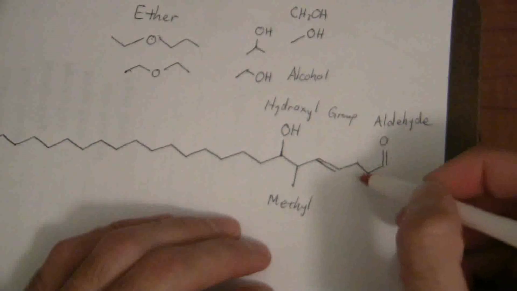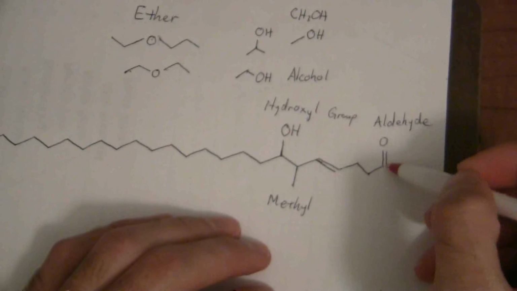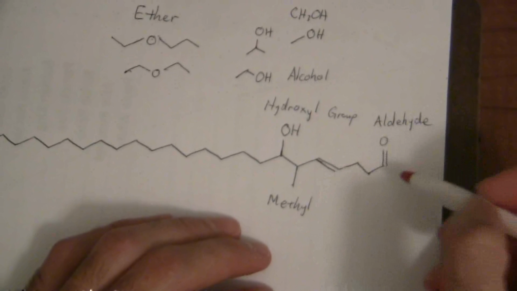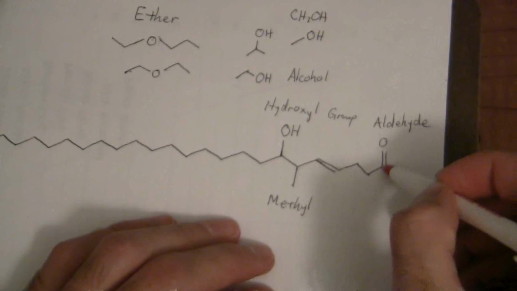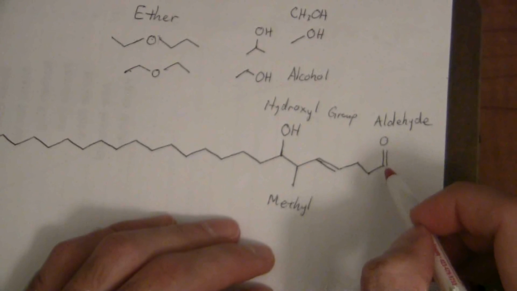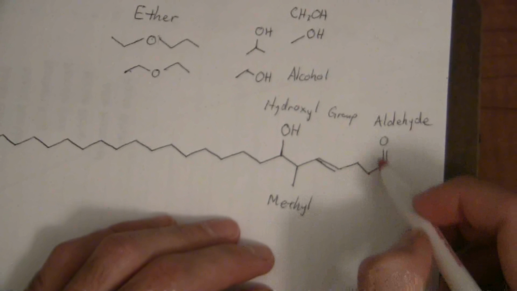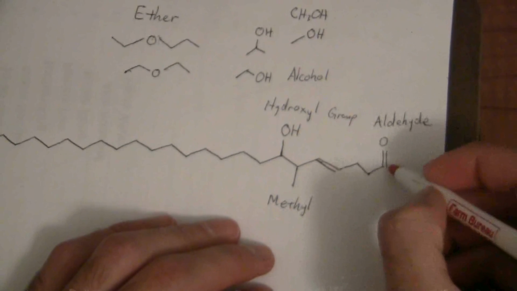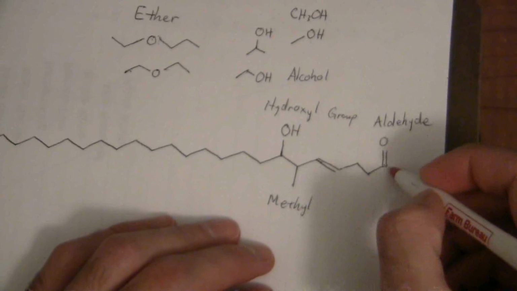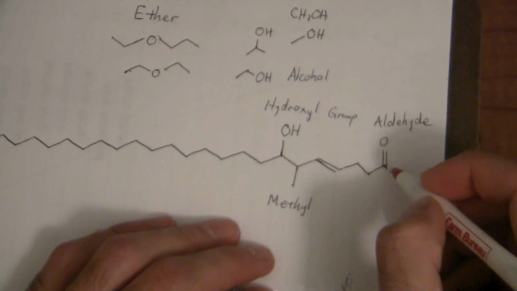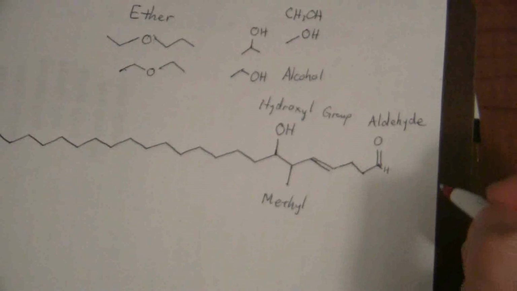You have your carbon chain, and at the end of that chain you have a carbon that has a double bond to oxygen, and then on that carbon you can tell me how many hydrogen atoms would be attached here. I have 1, 2, 3 bonds shown for that carbon, which indicates that there is one hydrogen there that I don't normally show.